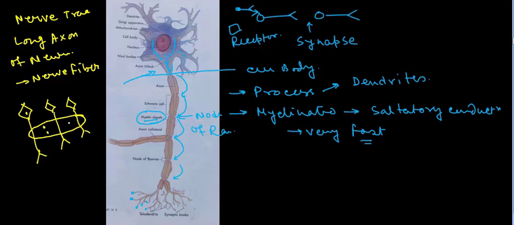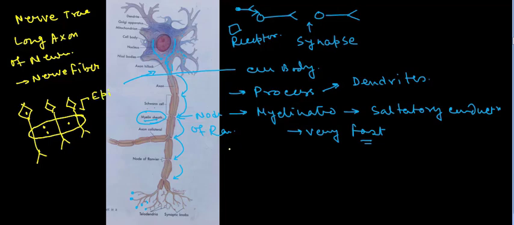Blood vessels and lymph are also present. So this is the basic difference between the neuron and the nerve. Long axons of the neuron form the nerve fiber, and a bundle of nerve fibers is called a nerve, and this nerve is covered by a membrane called the epineurium. So this is the epineurium, right?